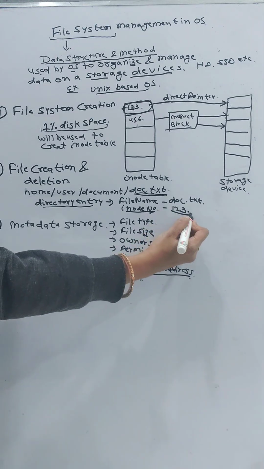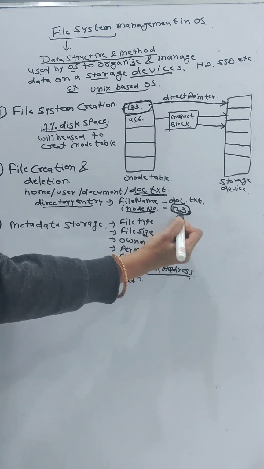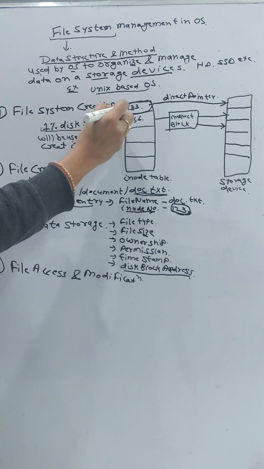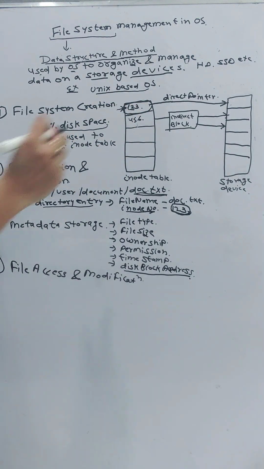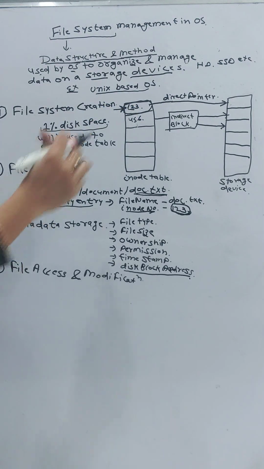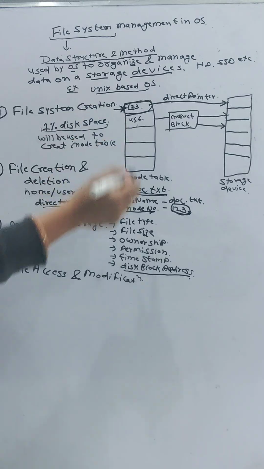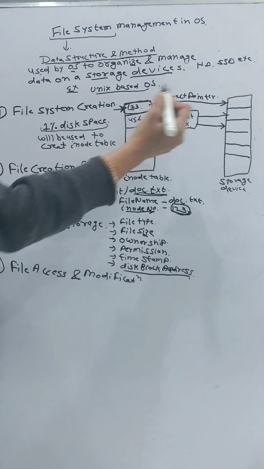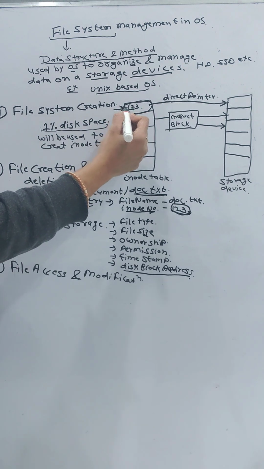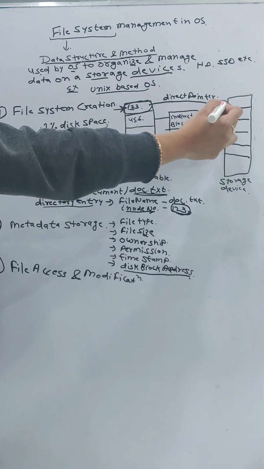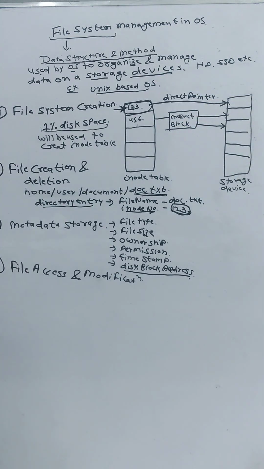Now 123 is the inode number of doc.txt. The operating system will point to this inode from the inode table. This inode table contains all the information about the file, all the metadata information. It has a pointer to the disk block. The operating system will find the address of the disk block for the file, point to the disk block, and open the file for the user.